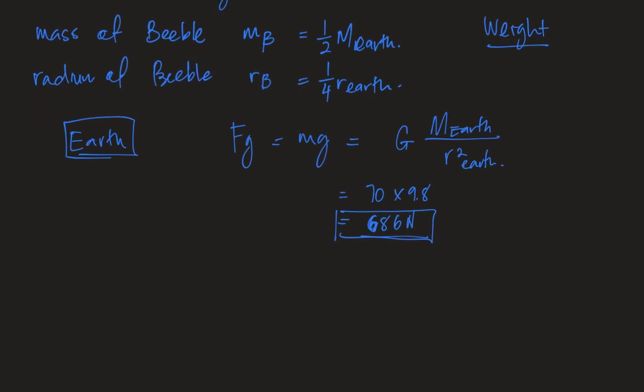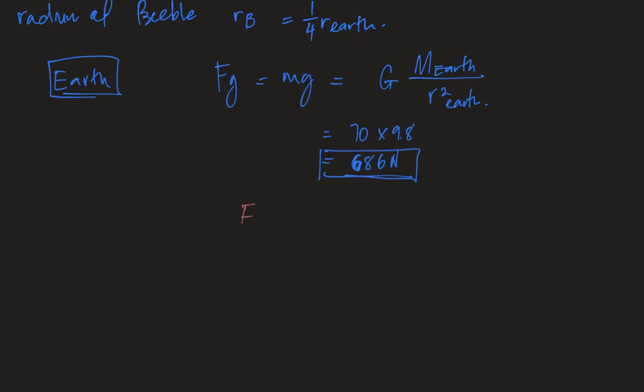Alright, so if I had the force on Beeble, I would have the mg of Beeble, which would give me g is equal to m on Beeble over r squared on Beeble. Right. But now we need to look at Beeble in terms of what's happening on Earth.